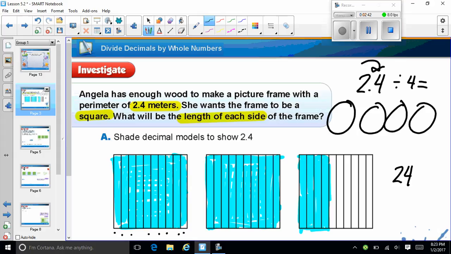Well, I have to ask myself, can I divide 24 by 4? And yes, the answer is yes, I can. I can do that 6. So I'm going to go ahead and count out 6. 1, 2, 3, 4, 5, 6.